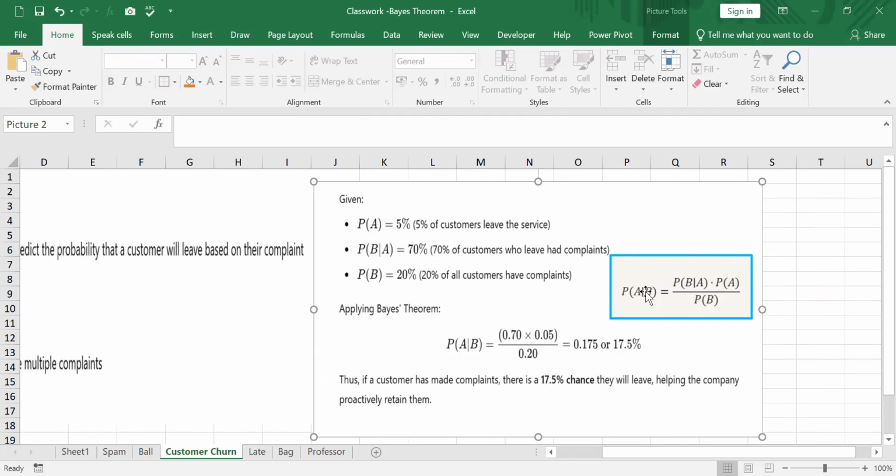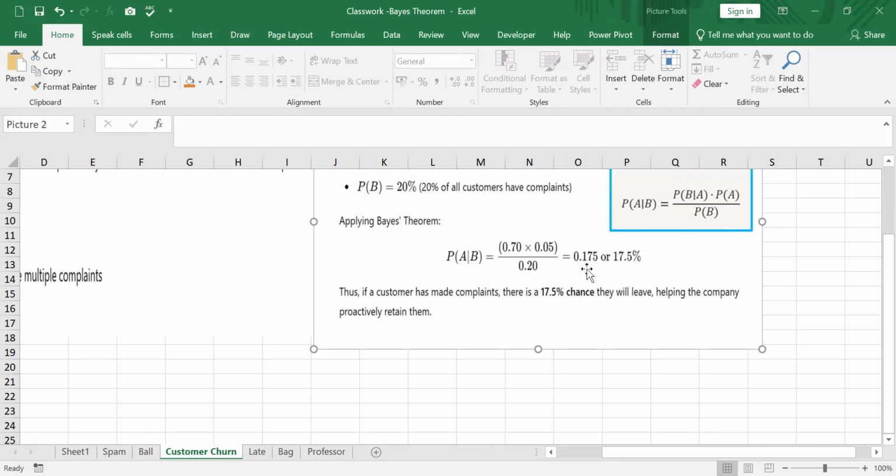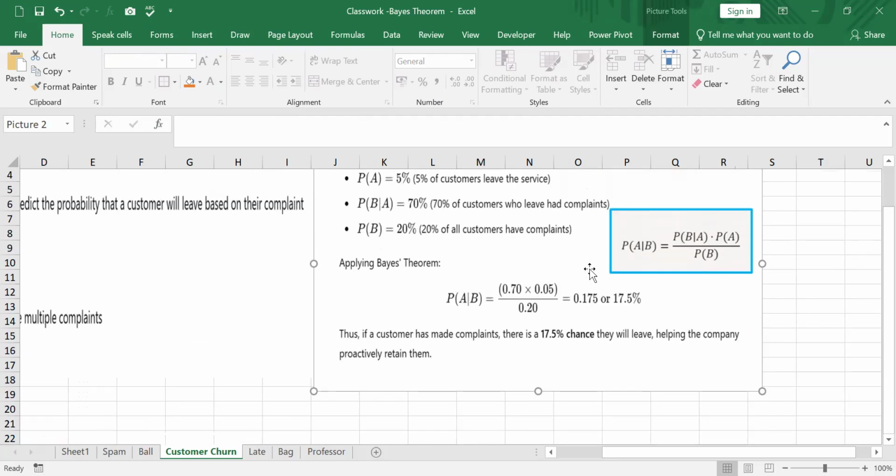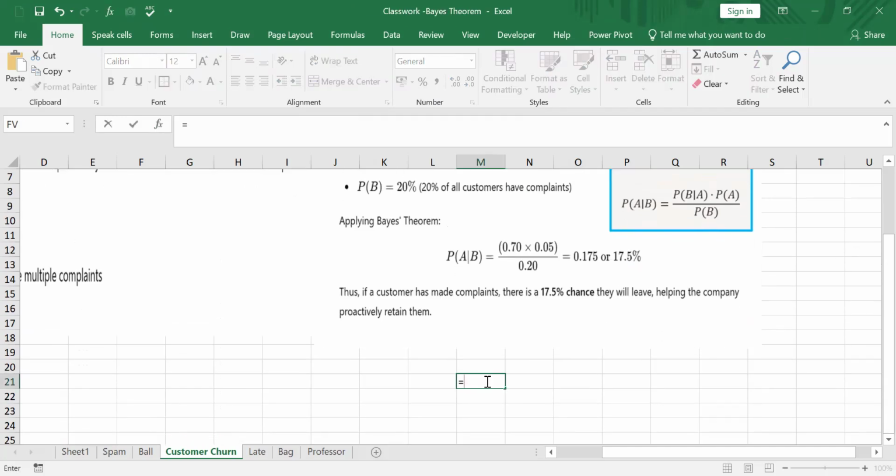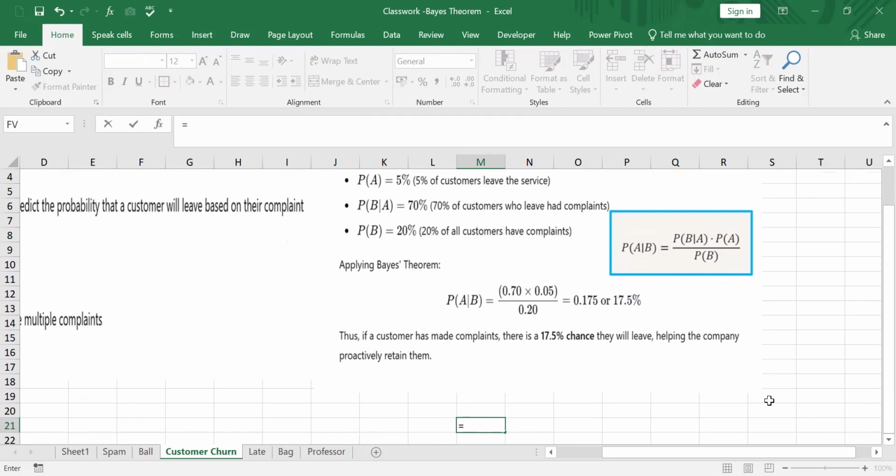So, a simpler formula here. A given B: first repeat P of A only, then reverse this, P of B given A, and P of B. Substitute 0.70, 0.05, divided by 0.2. So 0.07 star 0.05 divided by 0.20.